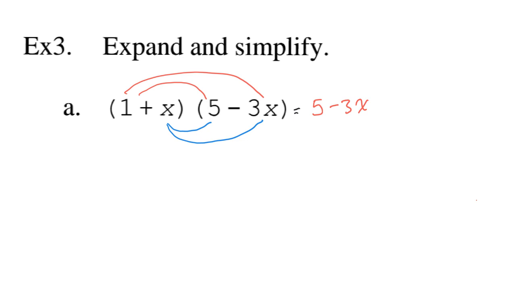Now the second term, x times everything in the second bracket, gives us this, plus 5x, and then minus 3x squared. Now we'll add everything together, and you're ending up with 5. We're adding these two together, and you've got plus 2x, and then minus 3x squared.